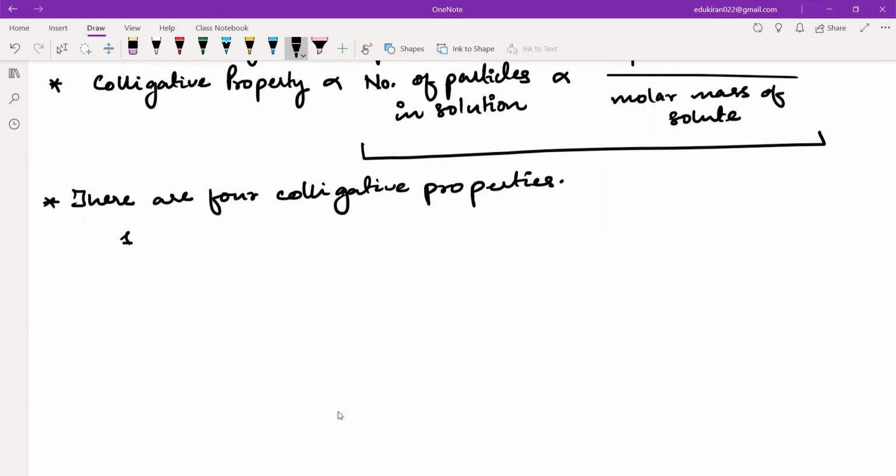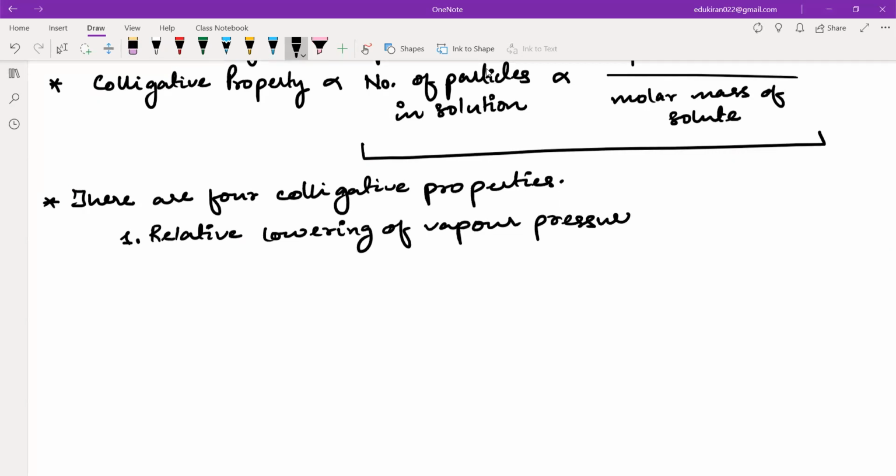Number one is relative lowering of vapor pressure. Its short form is RLVP.